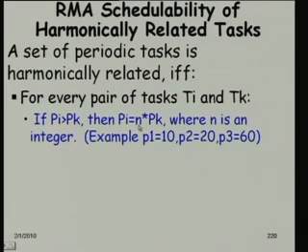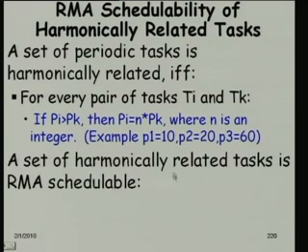So, wherever the period of a task is greater than the period of another task, the period will be an integral multiple. So, this is a harmonically related set of tasks. The periods are 10, 20 and 60. So, 20 is a multiple of 10 and 60 is a multiple of both 20 and 10.